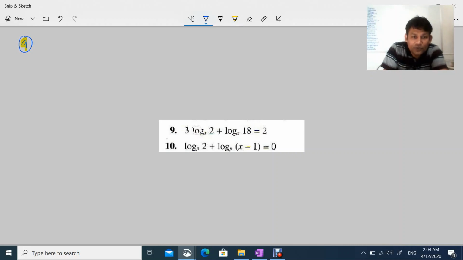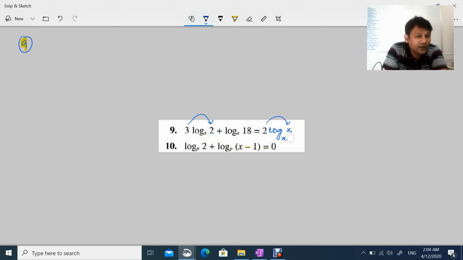In question number 9, three log x 2, this 3 will become the power, and x 18 is there. When I want something here, I will write log, which base is used, x, I will write log x and x. So this 2 will become the power of x.